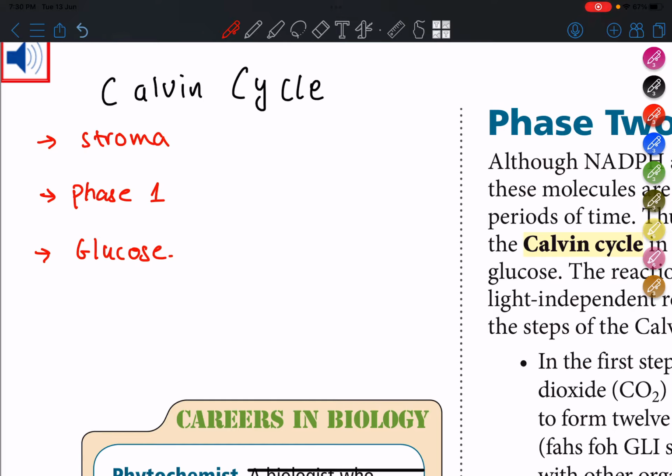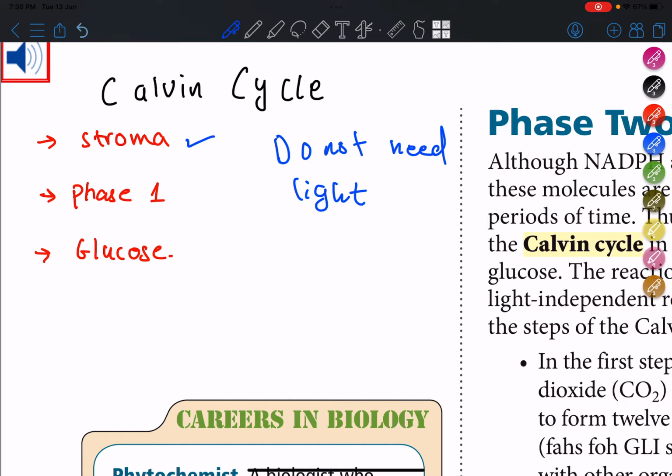Okay, let's have a more in-depth overview. So we said that the site occurs in the stroma of the chloroplast. For this process, we do not need light, and that is why it is called light independent reaction, because I don't need light.